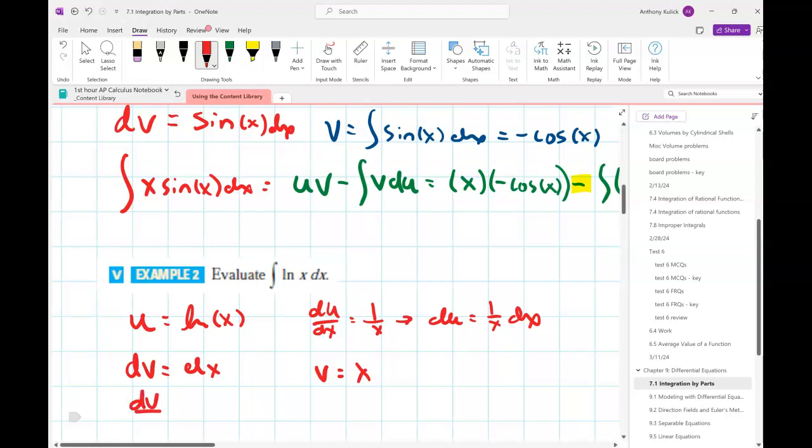Think about it this way. If dv over dx is equal to 1, or if we think about it as the integral of 1 dv is v, the integral of 1 dx is x, right?